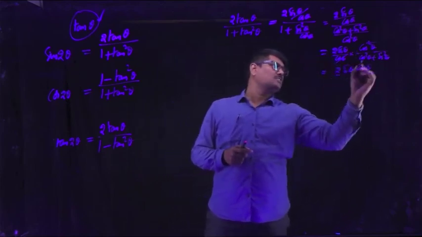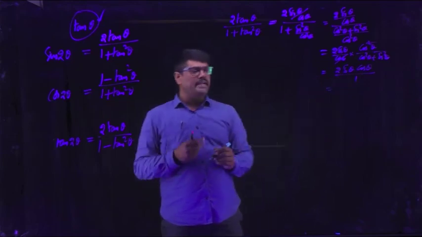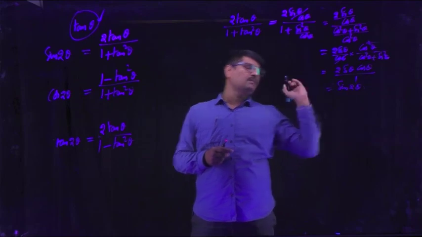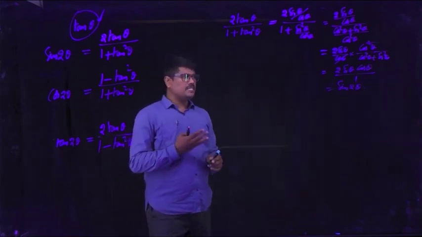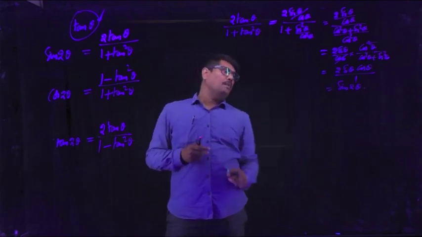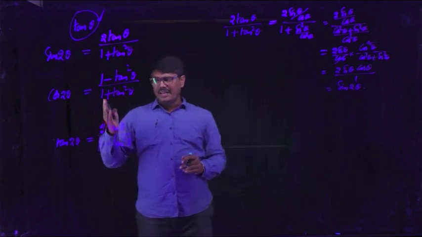And you know cos square theta plus sin square theta is 1. And we know 2 into sin theta into cos theta is nothing but sin 2 theta. Already we practiced that one. So the value of 2 tan theta by 1 plus tan square theta becomes sin 2 theta.